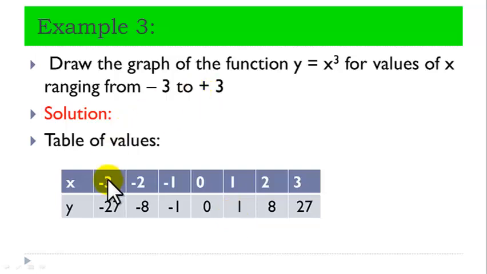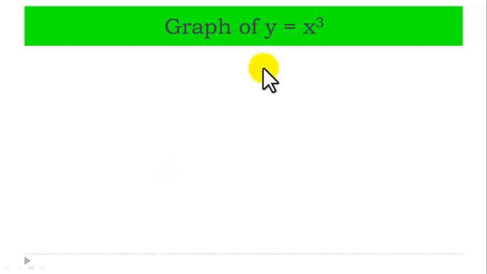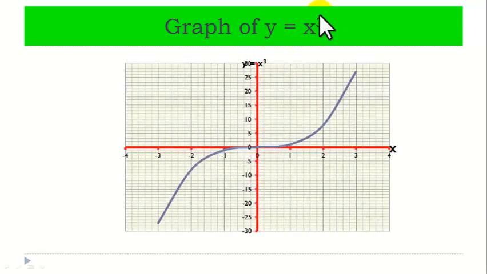When x is -3, y is equal to -3 to the power 3, and that will give us -27. When x is -2, y is -2 to the power 3, and that is -8, and so on. So we can then plot the graph of y equals x cubed as follows. So this is the graph of y equal to x cubed.